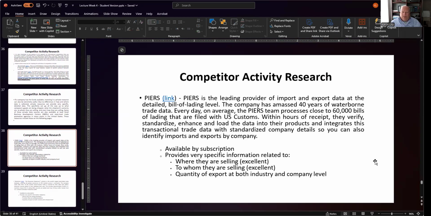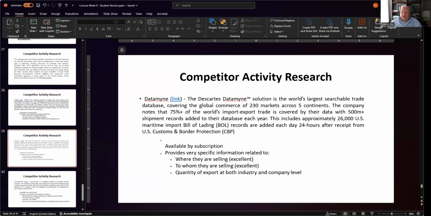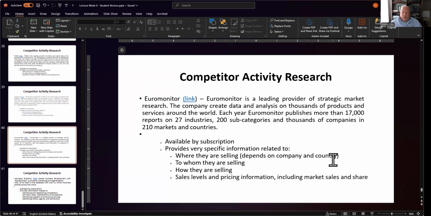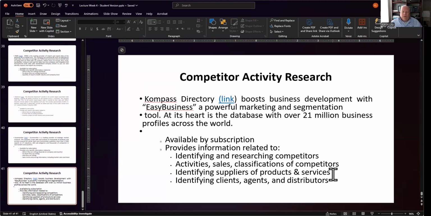Peers is a good one, and that talks about import and export data, bill of lading level, because it shows actually who is importing and who is exporting. Data mine is another good one. Euromonitor, of course, is a good basis largely for the EU. And finally, Compass Link, which is very good.